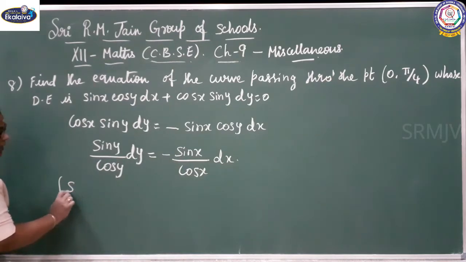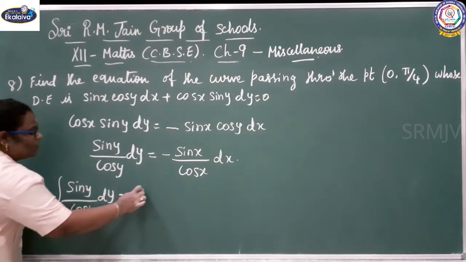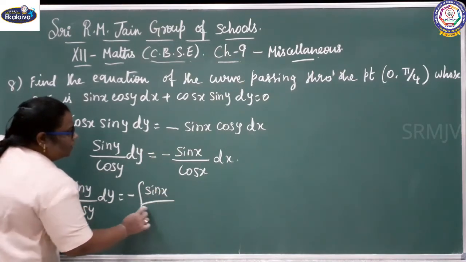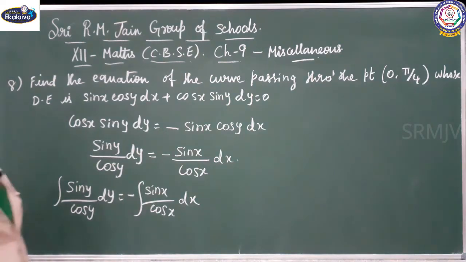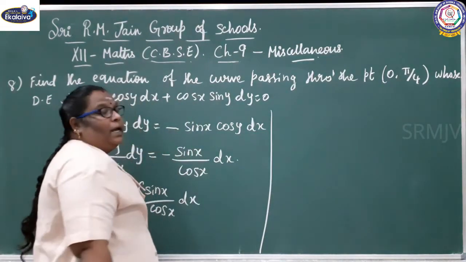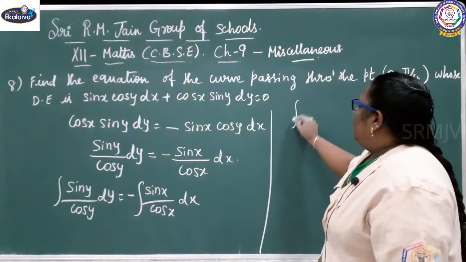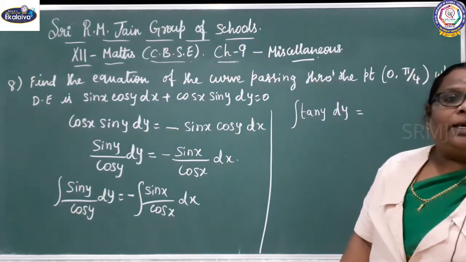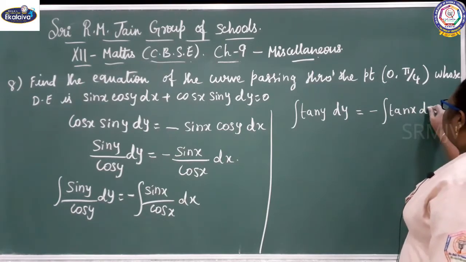So integral sin y by cos y into dy equal to minus integral sin x by cos x into dx, because already we separated the variables. Integral sin y by cos y is nothing but integral tan y, because sin by cos is tan. So integral tan y dy equal to minus integral tan x dx.